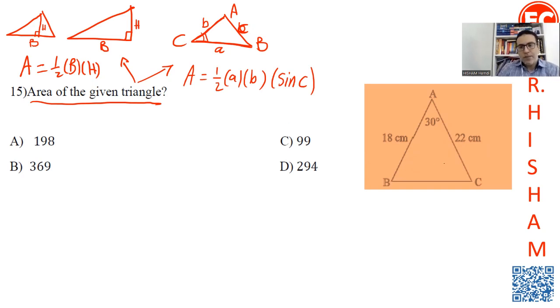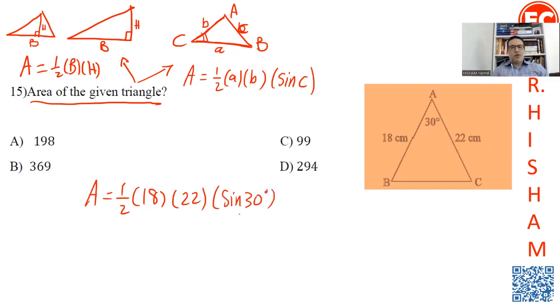So directly, I'm going to write the area of the given shape is half times 18 times 22 multiplied by sine 30. My advice to you before you go to the SAT test is to know the sine, cosine, and tan of 30, 45, and 60.